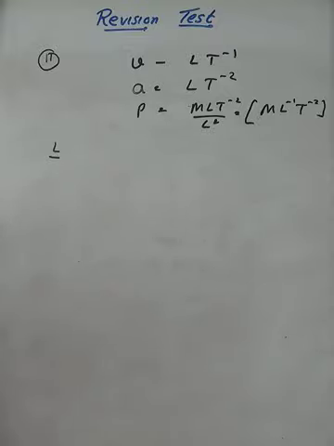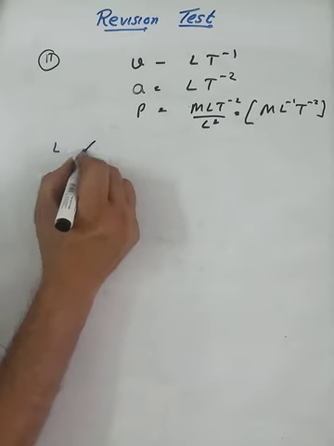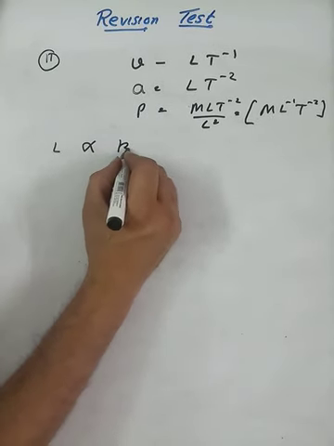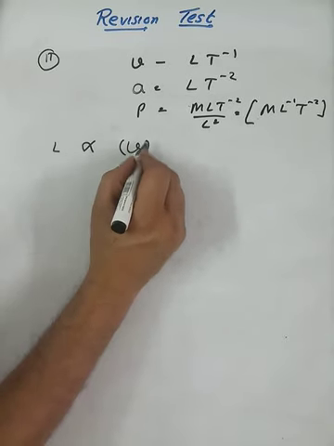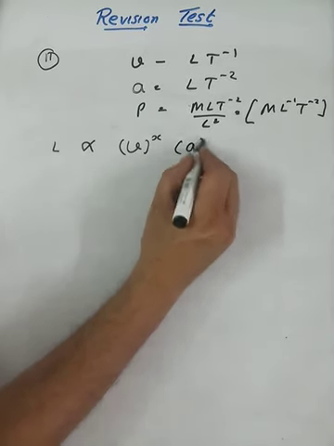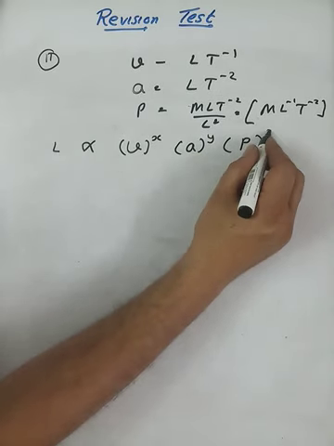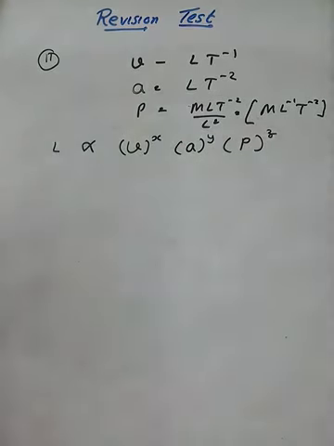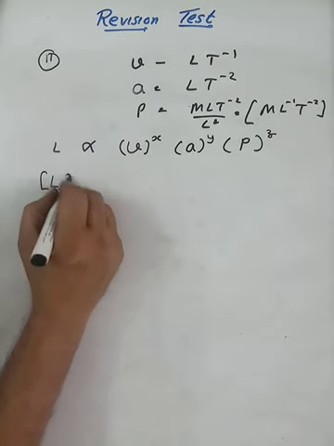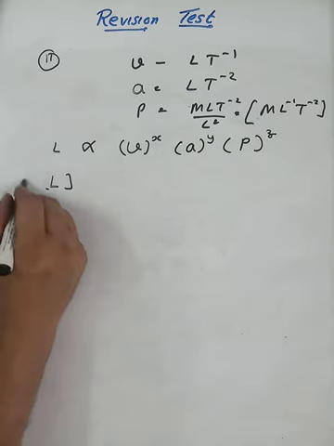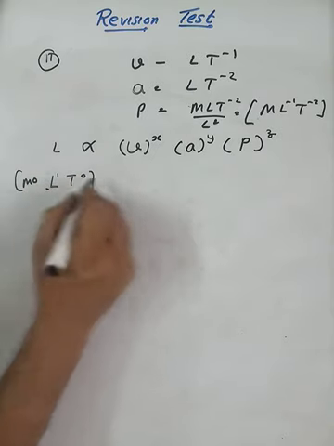So the simple formula we have is to derive the formula: L is proportional to K, a constant, and then we put in, let it be, v raised to the power x, acceleration raised to the power y, and pressure raised to the power z. On the left hand side we have L, that is M^0 L^1 T^0.